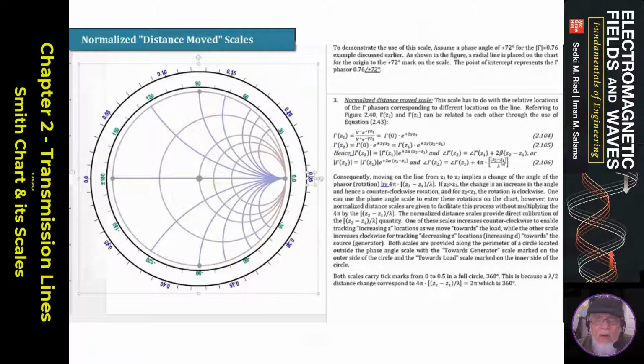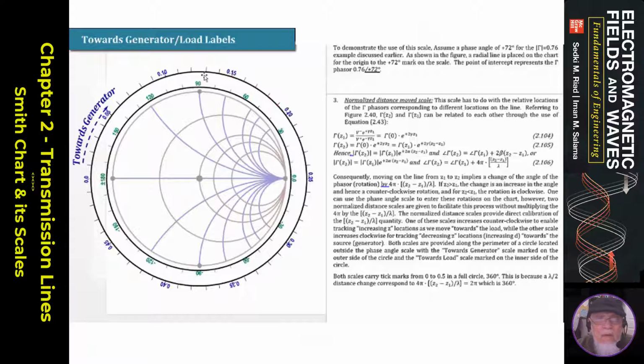And if Z is greater initially than the final one, that means I'm coming closer to the source. So this scale here corresponds to motion on the transmission line towards the source. So here we go. We label this one here as motion towards the generator or towards the source, which corresponds to a decreasing angle.